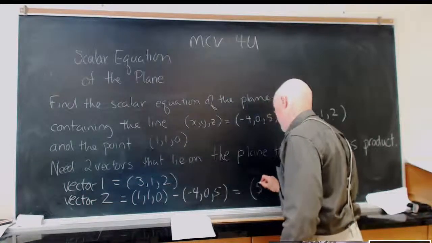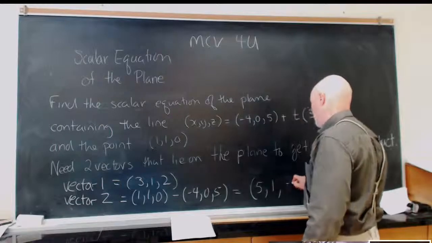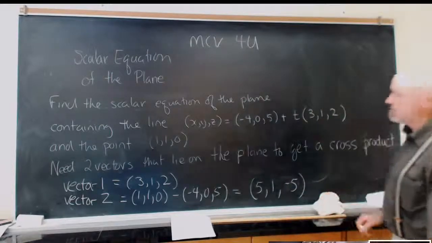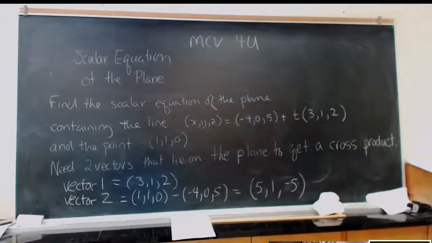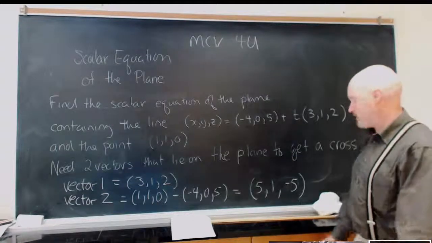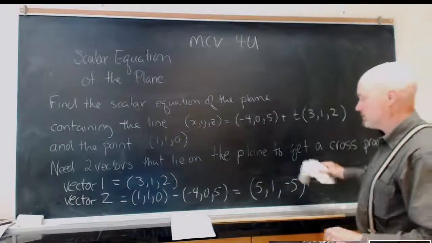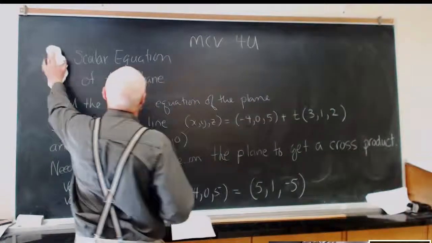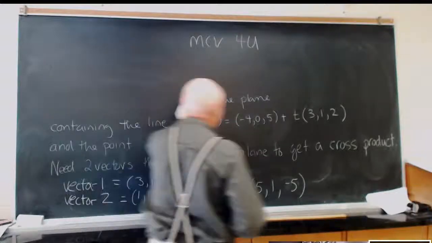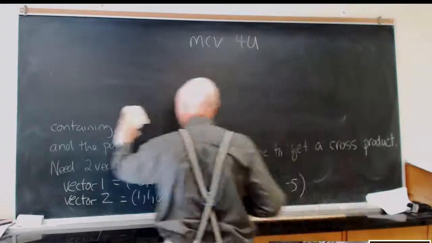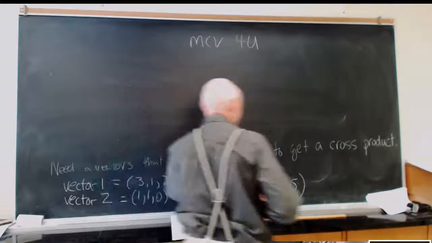I'm going to get 5, 1, -5. So those are my 2 vectors that lie on the plane. Now to find the perpendicular vector, I'm just going to do the cross product of those 2 vectors. And that's going to give me my A, B, and C.